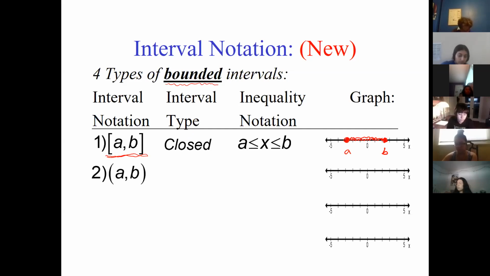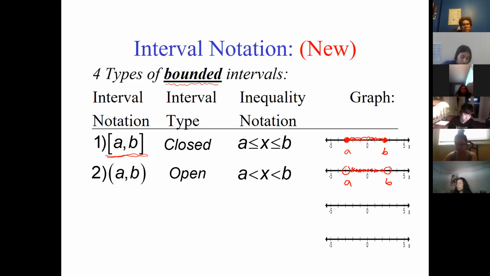Uh-oh, parentheses. What do you think parentheses means? Open. That means this kind of circle, and it's still bounded. The interval type is open.